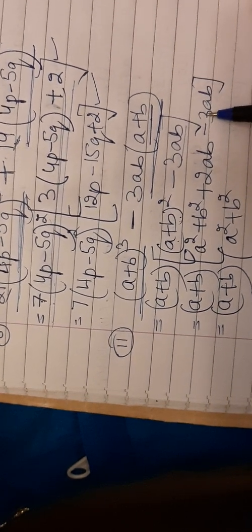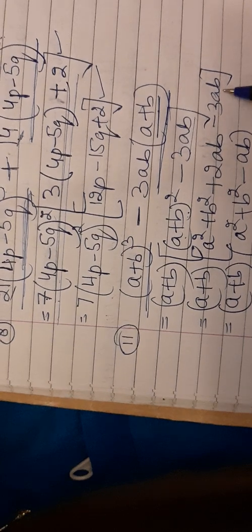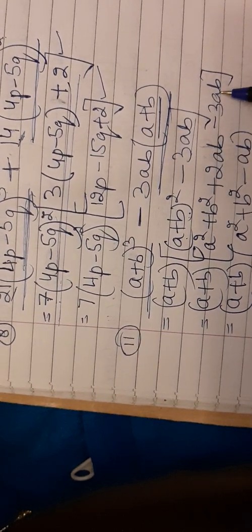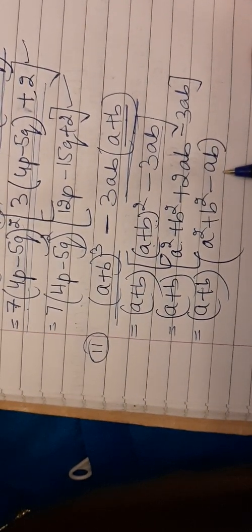So it will be a square plus b square, 2ab minus 3ab gives you minus ab. So here if we do multiplication, it is giving us some benefit that we can subtract. We are getting the like terms. But in the previous question, if we do multiplication, we are not getting any like terms. So you can leave it either here or here.